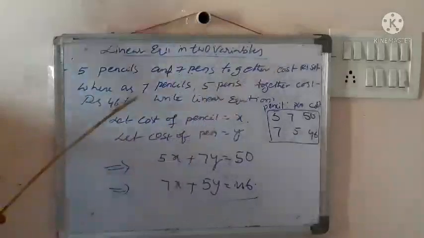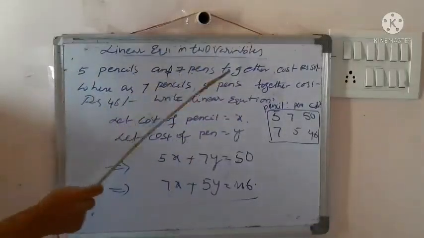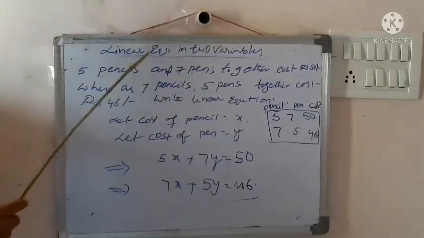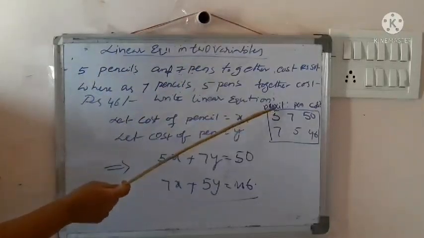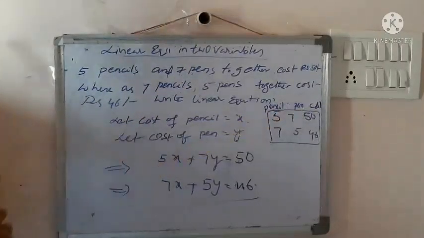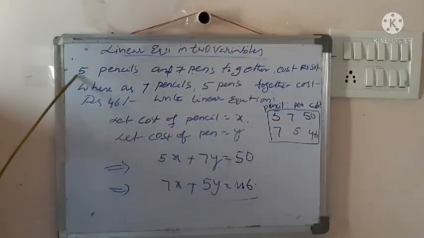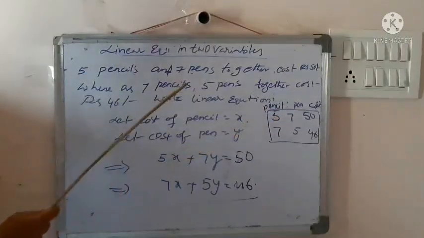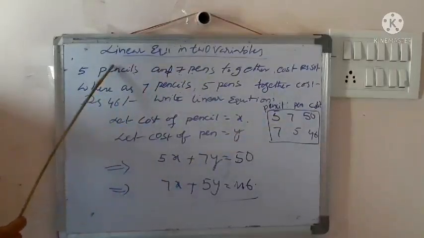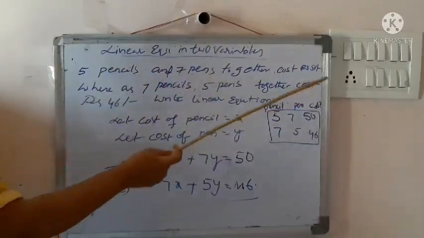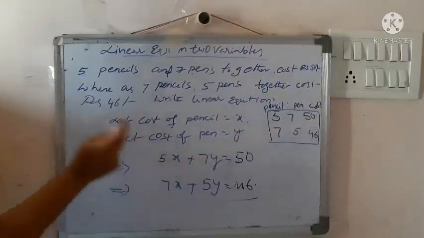What is given in the problem? 2 things. These are pencil and pen. So here write pencil and pen. How many pencils are given? 5. How many pens are given? 7. How much cost together? 50.